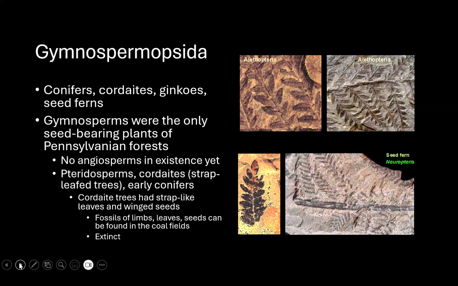We think of a lot of our modern day trees that have winged seeds to help with wind dispersal. These are some of the trees that had already evolved this unique characteristic of a winged seed that can be used for dispersal.